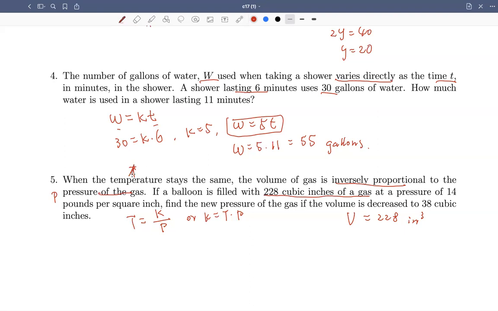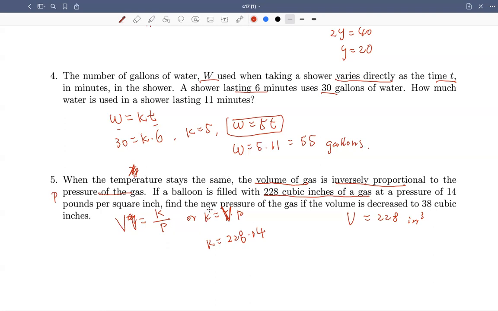Sorry, we don't need a T here. We need the volume of gas, so we use capital V, volume. This is not time, this is volume. So when the balloon is filled with 228, this is V. We don't know K. And the pressure is 14, and we multiply those two. So this is our K, 228 times 14. I don't want to multiply them out because I'm hoping in the future I can perform some cancellations.